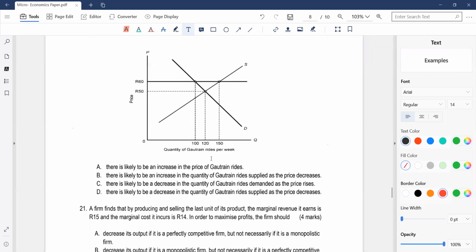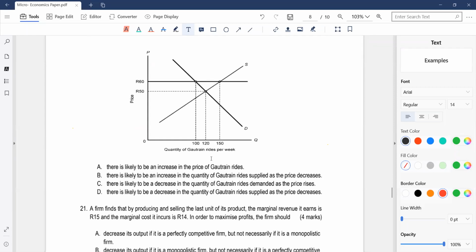Number 20, let's look at the answers. They say there's likely to be an increase in the price of the Gautrain rides. Never. It's not an increase; it's a decrease actually. So a decrease in price is the answer. Option B says there's likely to be an increase in quantity of Gautrain rides supplied. No, because the quantity supplied decreases actually to 120.